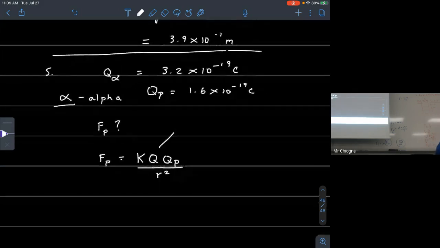This is the source that's acting on the proton or the alpha particle. It's the same source, doesn't change.